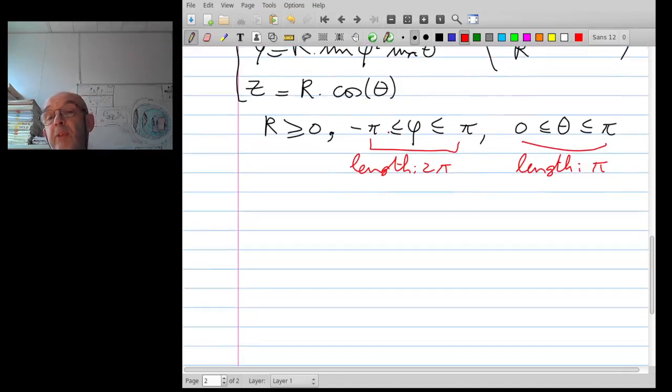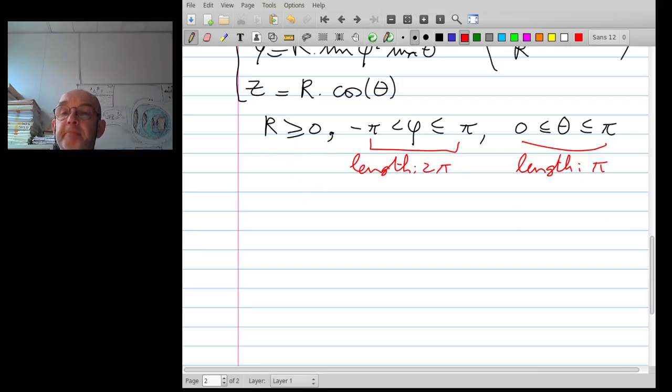And maybe if you are a real mathematician, you will want that no points are falling together, so you take phi greater than minus pi and less or equal to pi, so you have a length of 2 pi. And therefore sometimes you can also let the r be greater than 0.